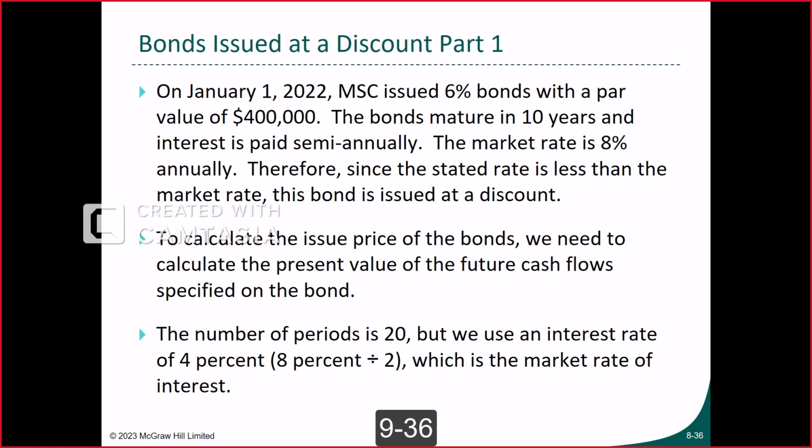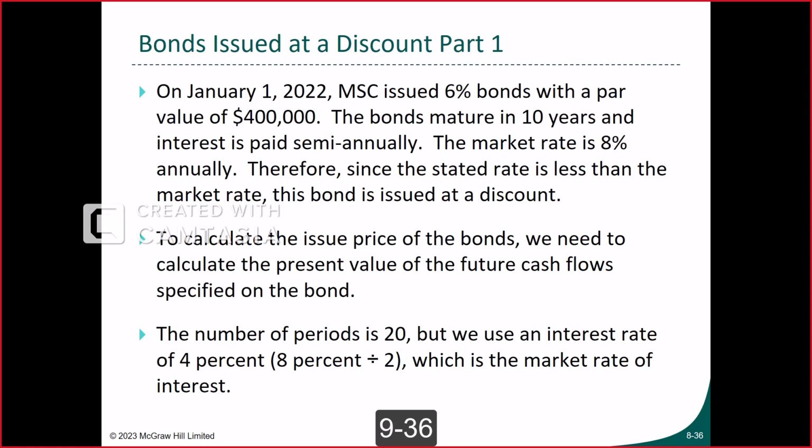It is also the maturity value, and that would be the amount you're going to pay at maturity. It will not change at all. It will not depend on the market. $400,000 is the principal or the maturity amount that we are going to pay within 10 years at the maturity date, no matter how much you collected today.